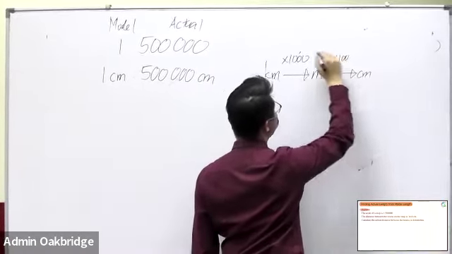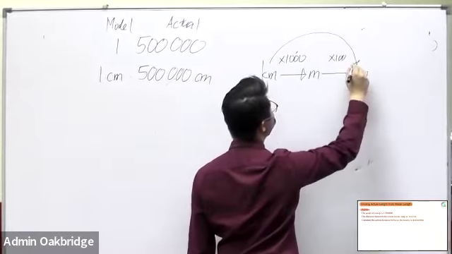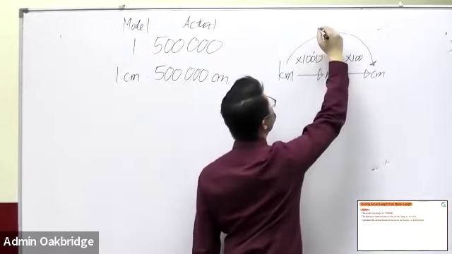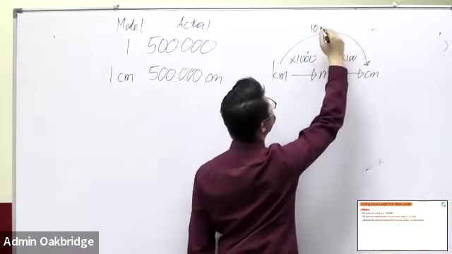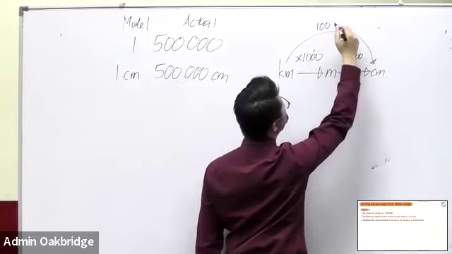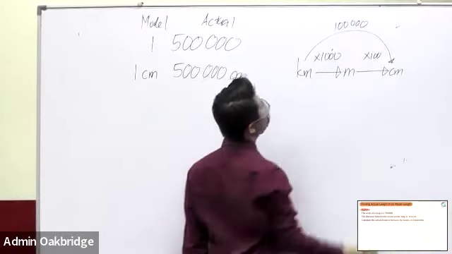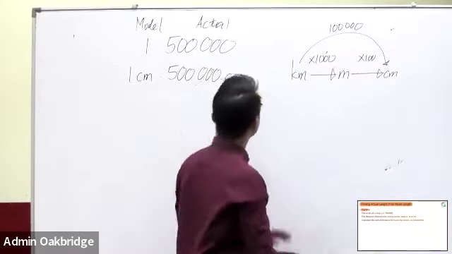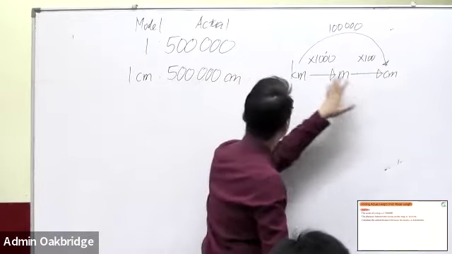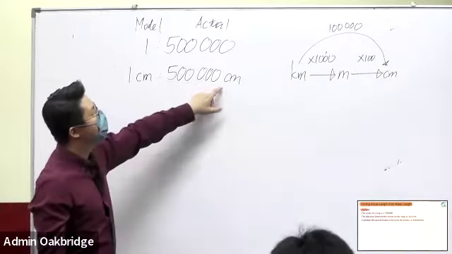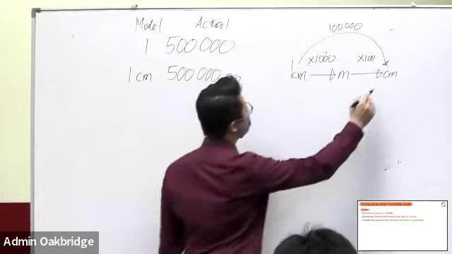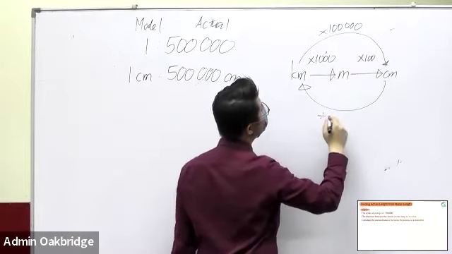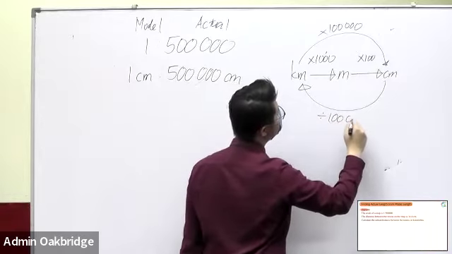All right, from km to cm, that's 100,000. But we don't want to get cm, we want to get km, right? We want to convert this cm to km. So you should do what? This was times, and now this should be divided by 100,000.